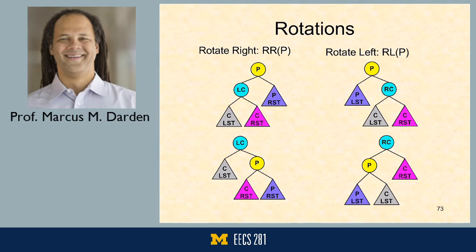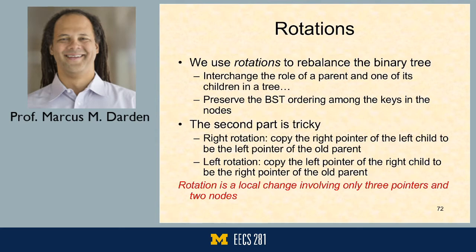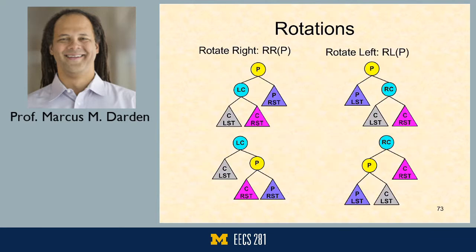But we also have to maintain this BST property. Here's our rotation left. In our rotation left, we see that the parent has come down and the right child has become the parent, right? Go back and say, in a right rotation, we copy the pointer of the left child to be the left pointer of the old parent.